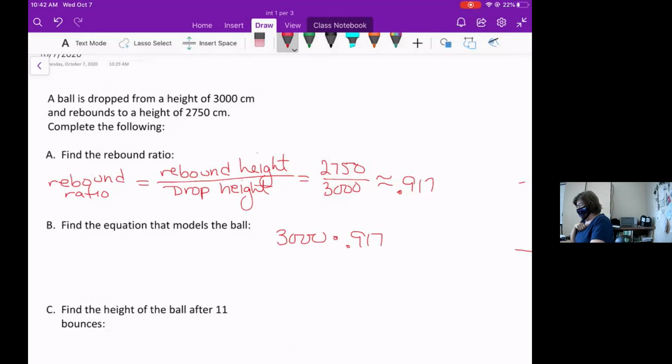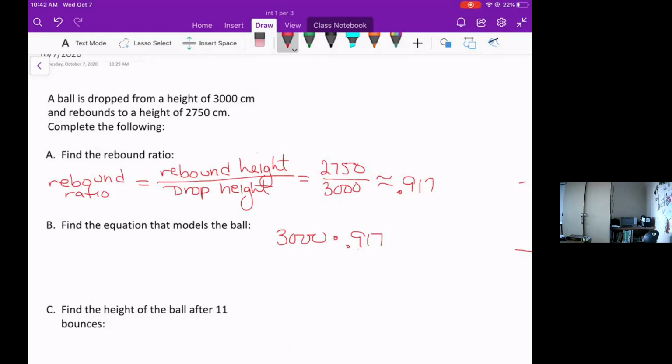Because if I take the 3,000 times this, I'm going to get that 2,750. Because it keeps doing that same ratio as it bounces, we have a repeated multiplication.